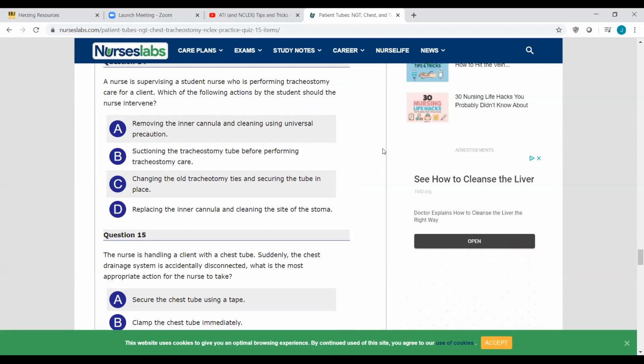Okay, if you are supervising a student nurse who's performing tracheostomy care for a client, which of the following actions by the student would cause you to intervene? What do you think?